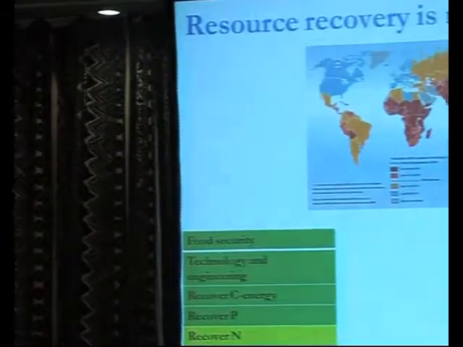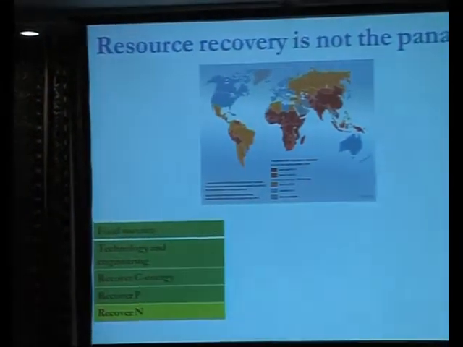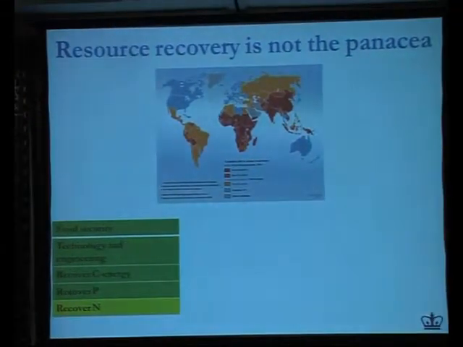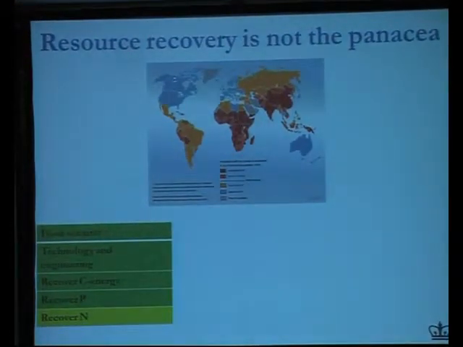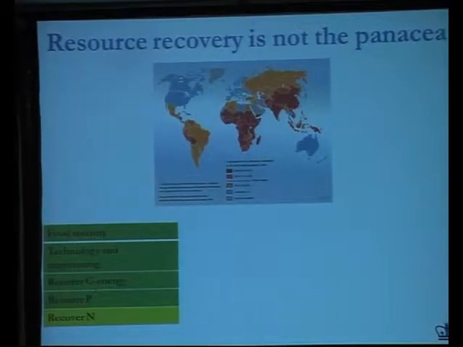In terms of characteristics that we can ascribe to developed economies, there is food security. There is very good technology and engineering in terms of the backbone. What do we do with carbon, nitrogen, phosphorus? The answer with phosphorus is always the same. We recover the phosphorus, no two ways about it. What do we do with the nitrogen in a developed economy? Do we really need to recover the nitrogen? Perhaps not, because there is existing food security.